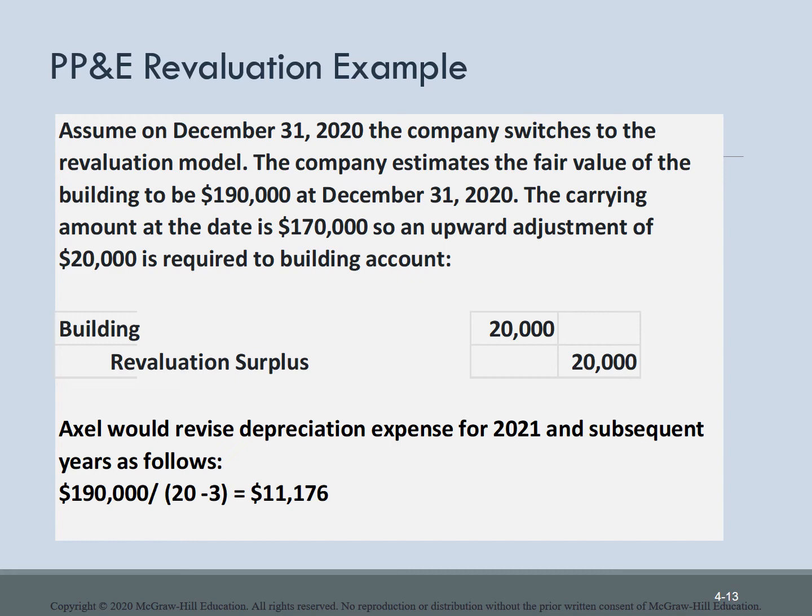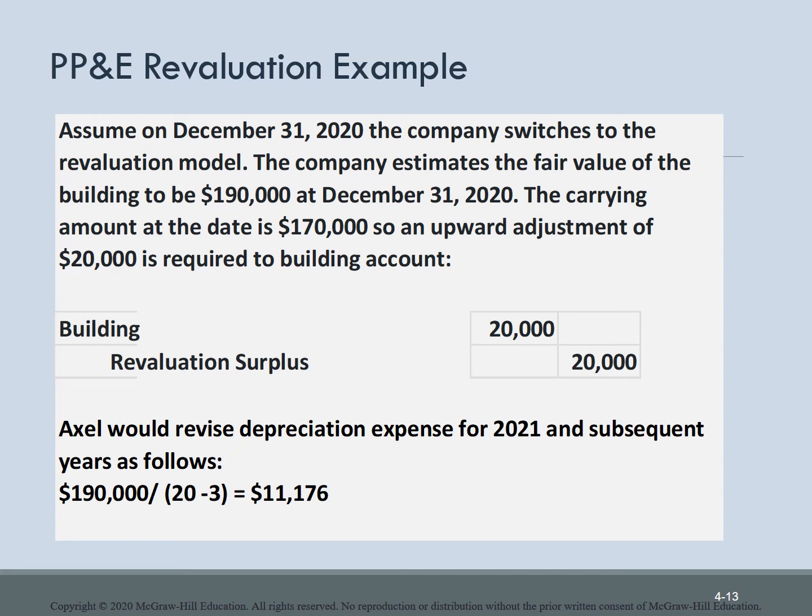So we're going to debit the building account for 20, and we're going to take the credit to revaluation surplus. All right, so ultimately it would be reported as a $20,000 unrealized holding gain in OCI, and then this $20,000 of revaluation surplus in the equity section on our balance sheet.